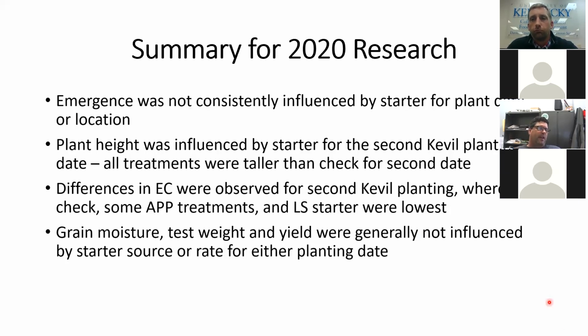So just wrapping it up, we really didn't have any consistent starter benefit for any plant date or location. We did see a little bit of plant heights, but really it didn't relate back to yield. We saw some differences in electrical conductivity, but it didn't really relate back to yield.